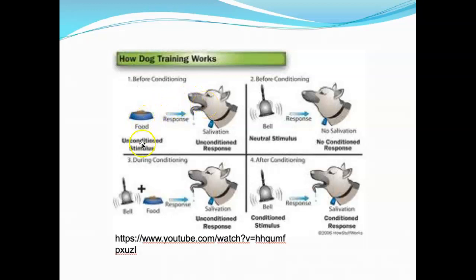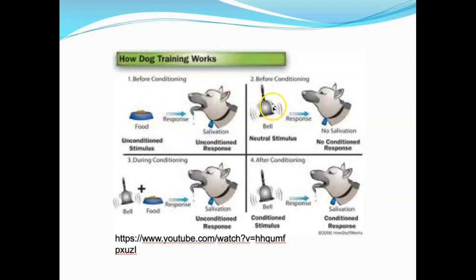We call the food the unconditioned stimulus because no training has to take place, and we call the drooling the unconditioned response because, again, no training had to take place for this to come out. We abbreviate unconditioned stimulus as UCS, and unconditioned response as UCR, and we'll be referring to them as such going forward.